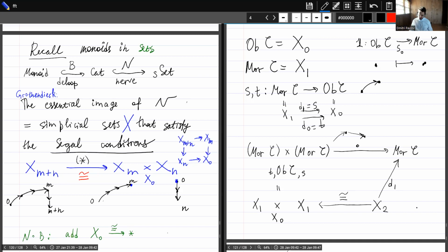So you think of an element of X2 as some kind of a triangle. And the reasoning behind taking the first phase map is here you have some F, here you have some G, and on this phase you have the composition. And this is precisely the first phase, the phase opposite of the middle vertex.